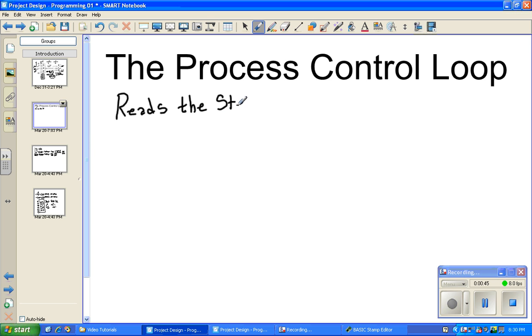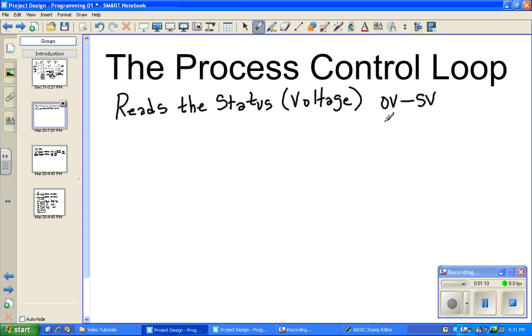When we say the microcontroller reads the status, what are we saying? We're saying that it reads the actual voltage on the pin. Now that voltage, according to the specifications of the microcontroller, can be anywhere between 0 volts and 5 volts.